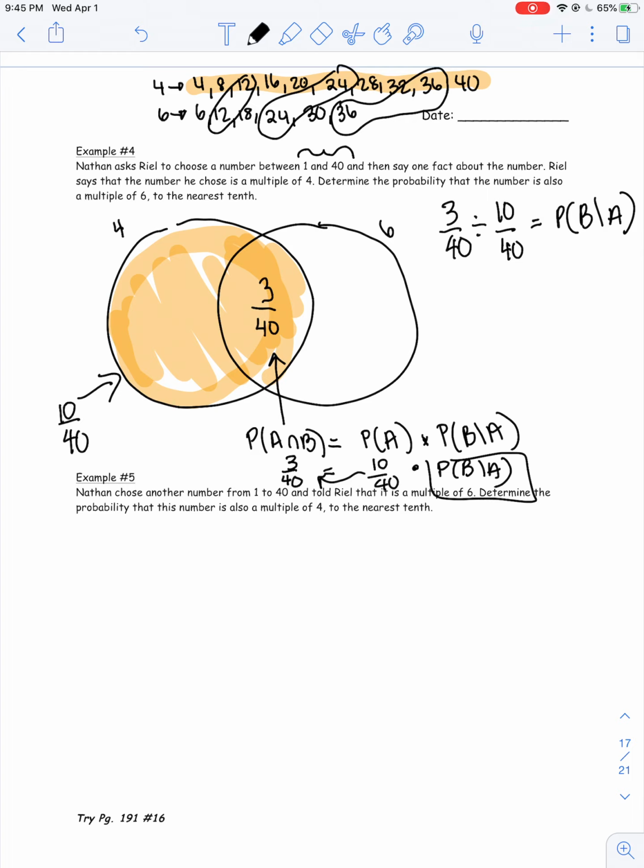So in your calculator, you're going to put brackets around 3 divided by 40, and you're going to divide that answer by brackets 10 divided by 40. And you should get 0.3 as your answer. So the answer for being a multiple of 6, if it's already a multiple of 4, is 0.3.